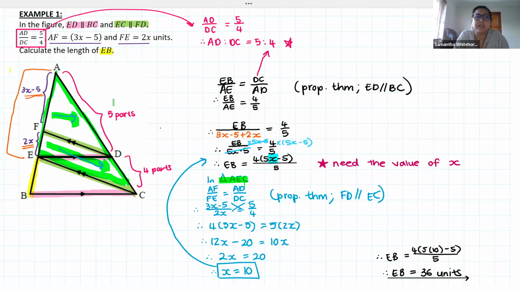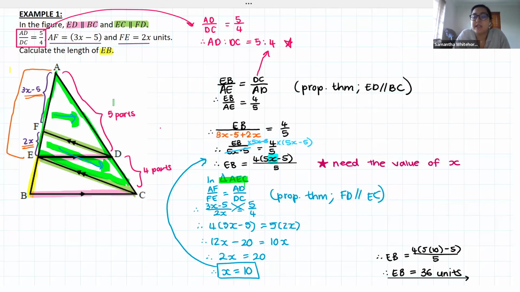Now, obviously, guys, it seems a lot easier when you do it together, when someone else explains it to you. But this is what I found is the easiest approach. And I'm not necessarily saying it's the only approach. Some people like to immediately solve for x and then go from there. That's absolutely fine. There's nothing wrong with that. We're obviously going to have to find x at some point, whether you do it as your starting point or your end point.